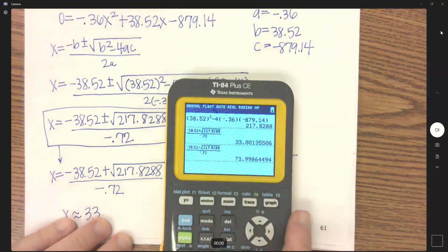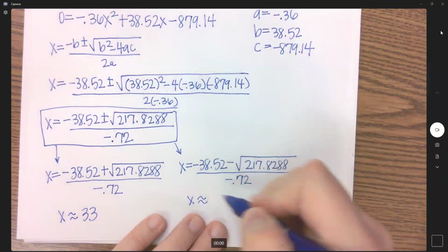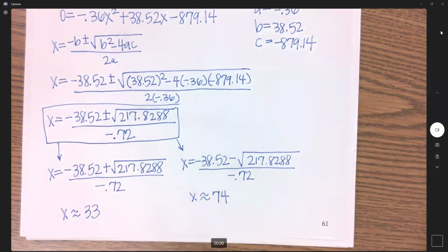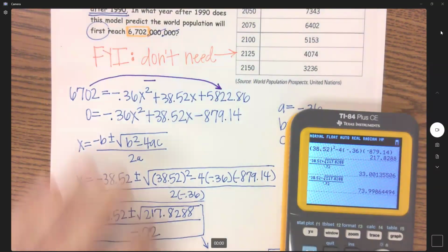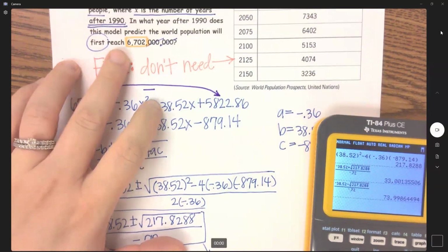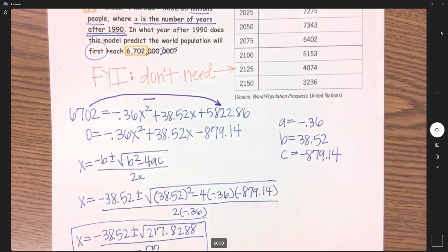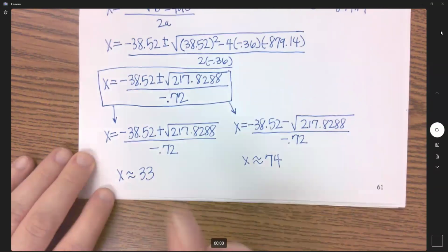So that's roughly 74. Okay. Now, it wants to know when will this model first predict the population to reach. So first will be this one right here.